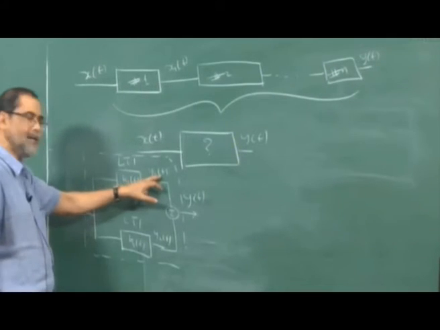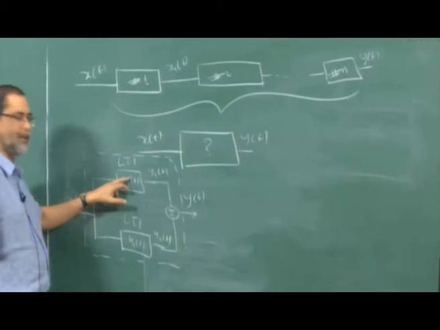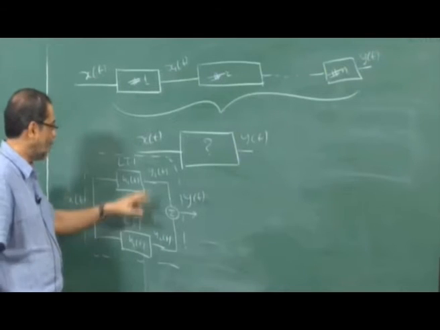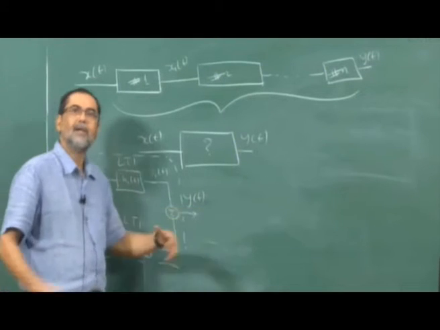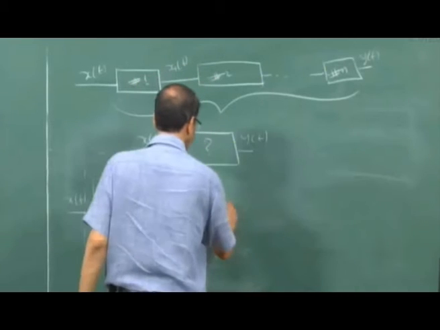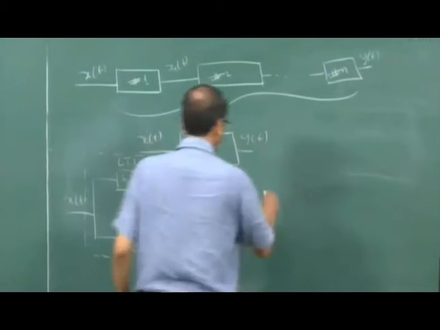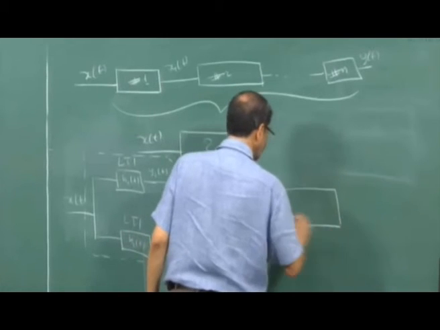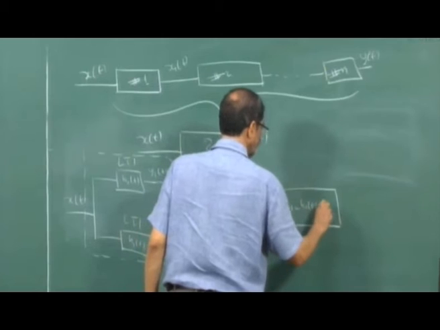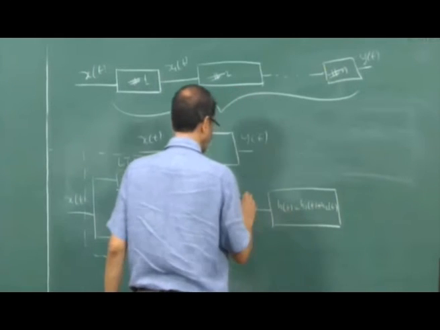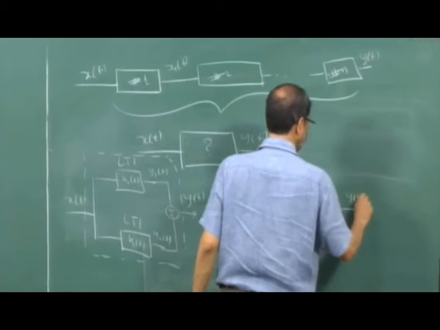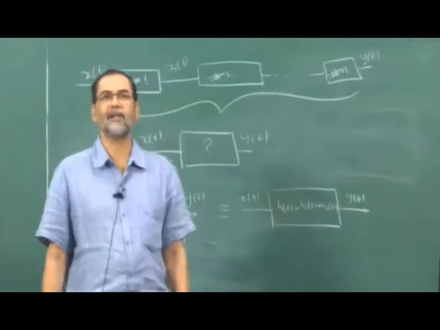Then Y1 is X convolved with H1, Y2 is X convolved with H2, and Y1 plus Y2 equals Y. You can write out all this and show that this is equivalent to a combined system whose impulse response is a combination of the two impulse responses, H1 plus H2. Then if the input is X of t, I will get the same output Y of t here. So this is a parallel connection.